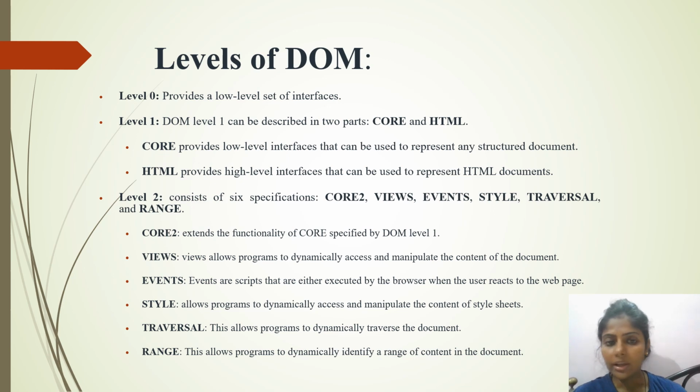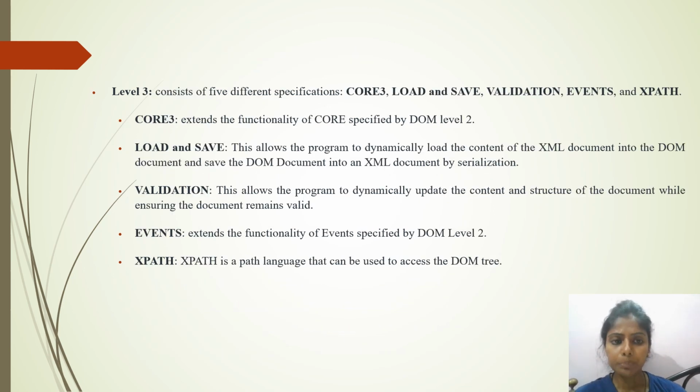Next is level 3. It consists of 5 different specifications: core 3, load and save, validation, event and XPath. Core 3 extends the functionality of the core specified by DOM level 2. Load and save allow the program to dynamically load the content of an XML document into the DOM document and save the DOM document into an XML document by serialization.